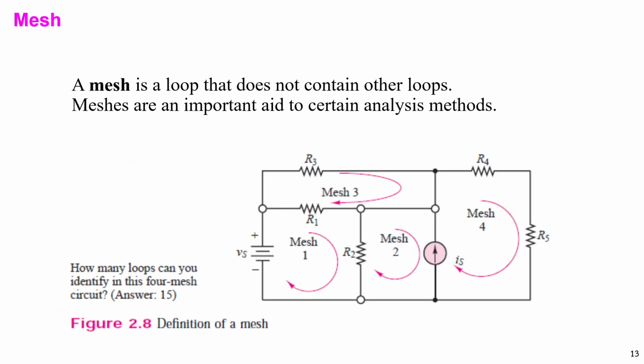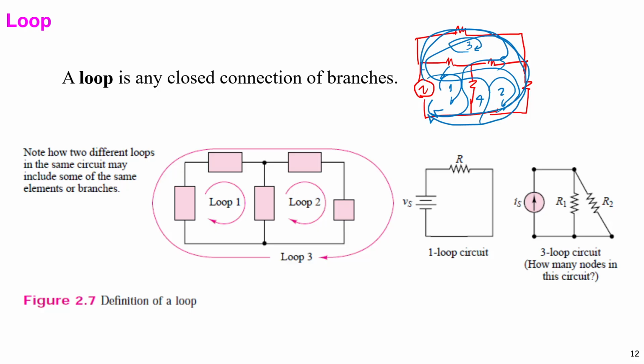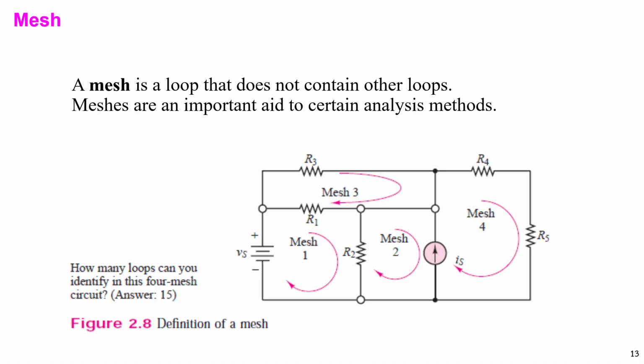But a mesh is a loop that does not contain any other loop. Loop 3 contains loop 1 and 2, but a mesh does not contain any other loop. So the mesh is what is exactly specified.